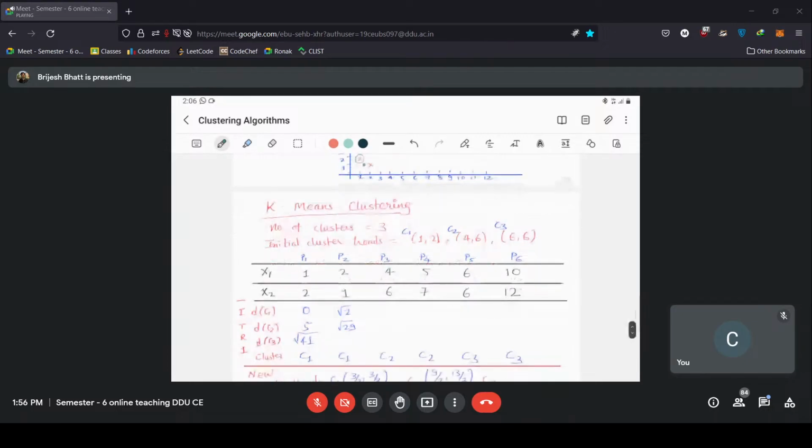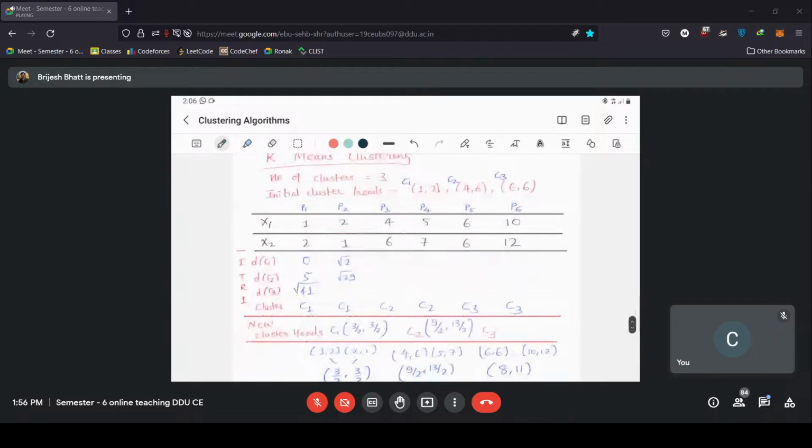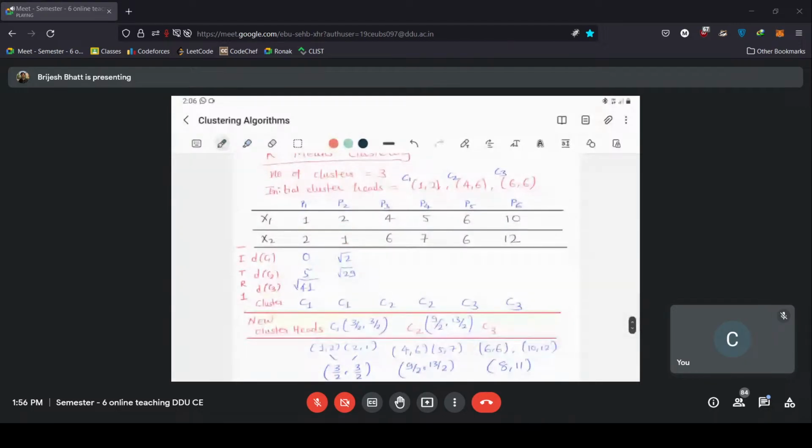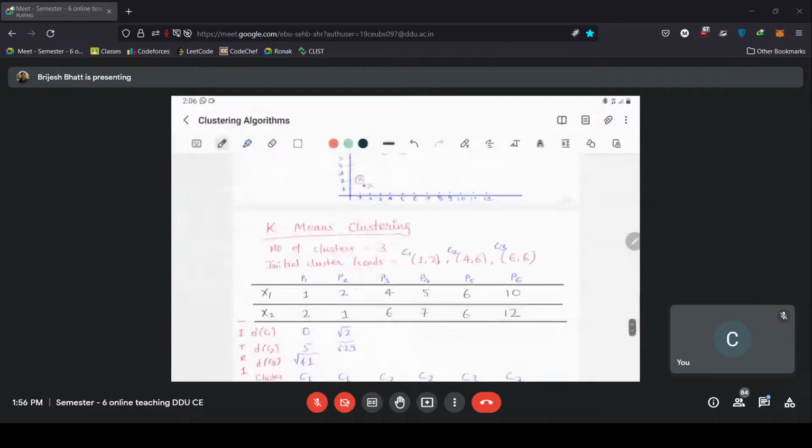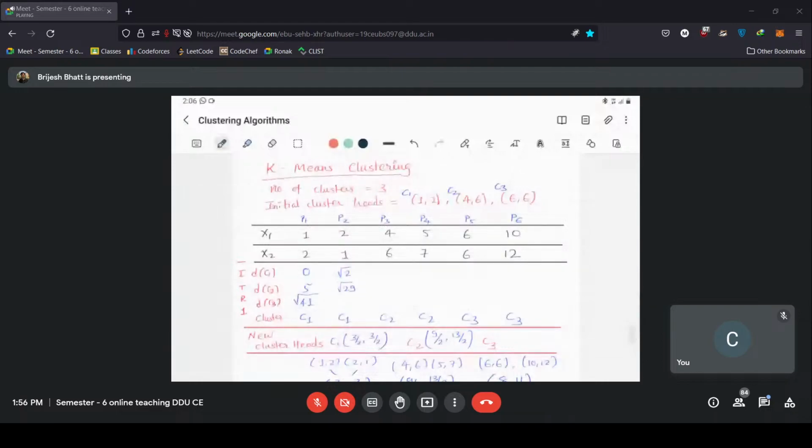Similarly, the second cluster head is 9 by 2, 13 by 2, so (4.5, 6.5), somewhere here. And the third cluster head, as we say, is prone to outliers. It goes towards the outlier.